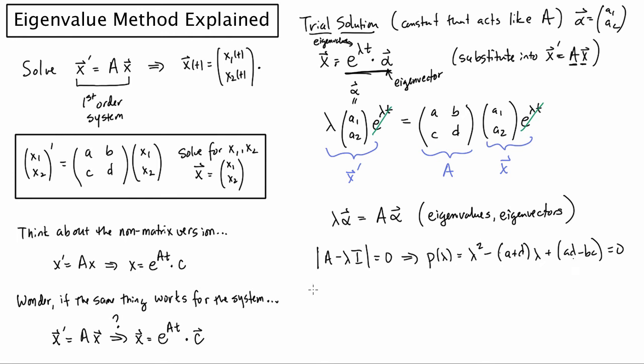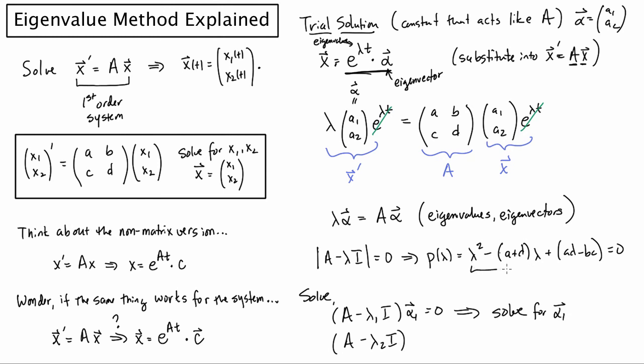And then I solve for each equation. So I'm going to take the first eigenvalue that you find. That'll correspond to a first eigenvector, so I'll be able to solve for the first eigenvector that way. And then I'm going to take the second eigenvalue, which would be lambda 2, because this is a second order equation, so we're going to end up with 2 eigenvalues. And I'll use that to solve for alpha 2.